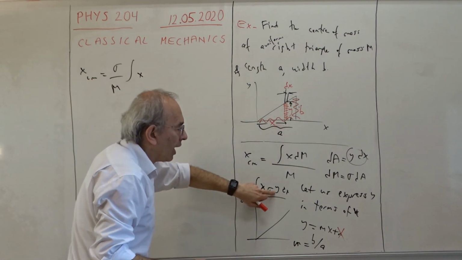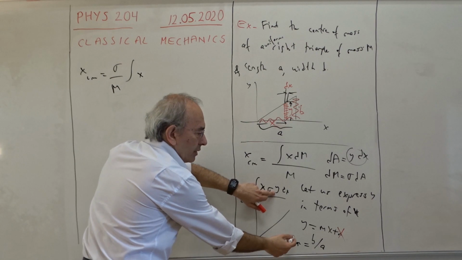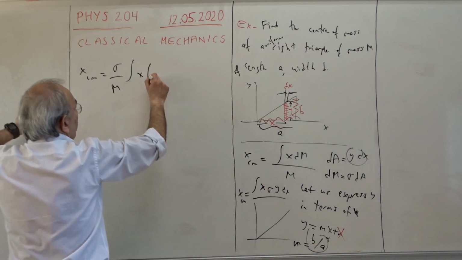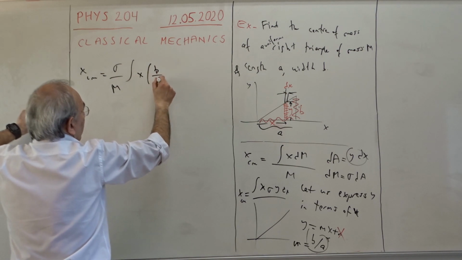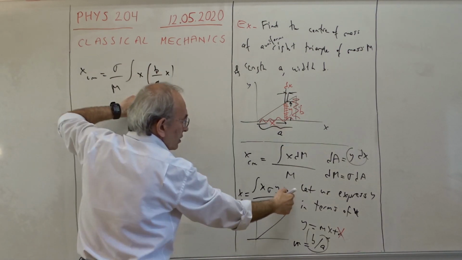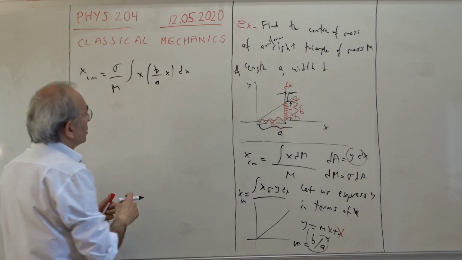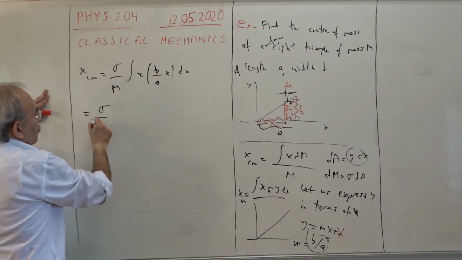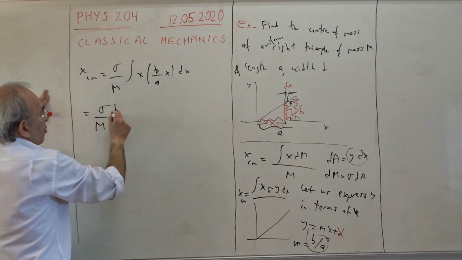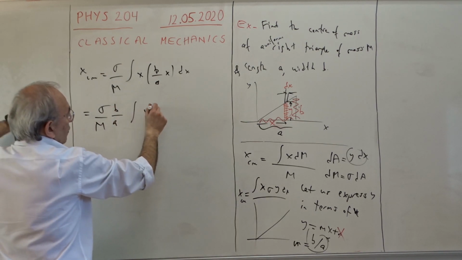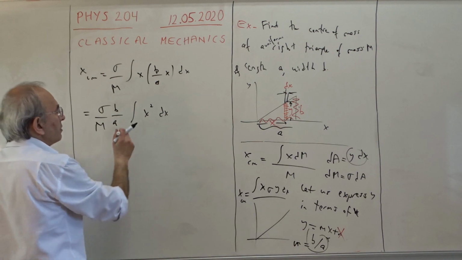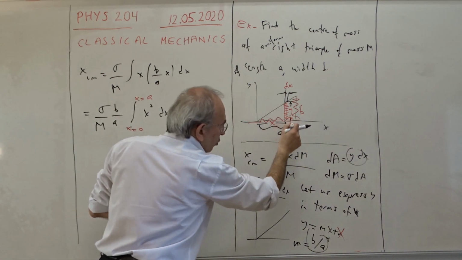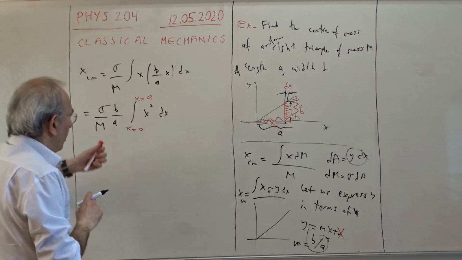Instead of y we write b over a times x, and don't forget this dx. So it is very easy to take this integral. The constants are sigma over M. We also take b over a outside. Inside we have x squared dx. Now the limits are from 0 to the end of this horizontal part, which is a.